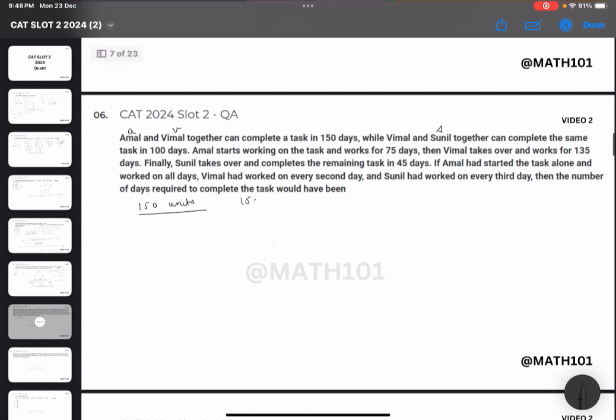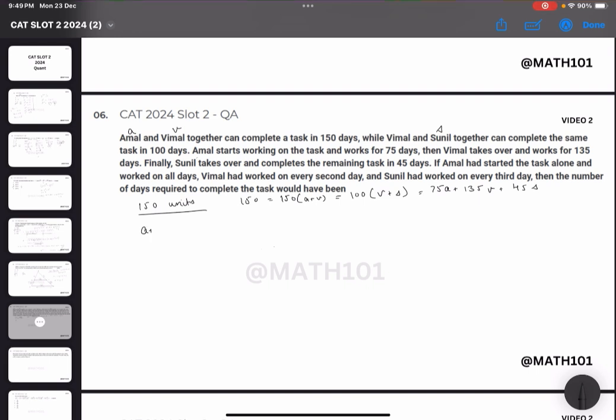Then 150 units is equals to 150 times A plus V. A plus V is the total units per day which Amal and Vimal together do, equals to 100 times Vimal plus Sunil, equals to 135, 75 days of Amal plus 135 days of Sunil plus 135 days of Vimal plus 45 days of Sunil.